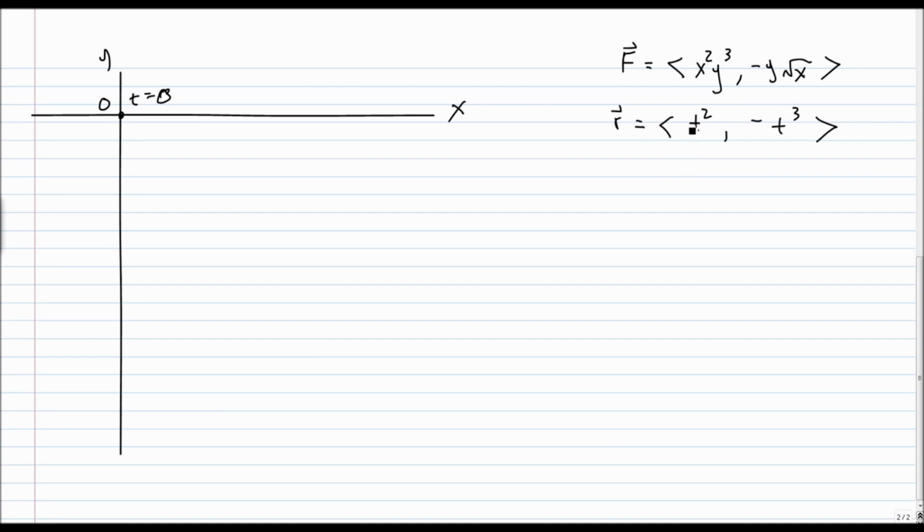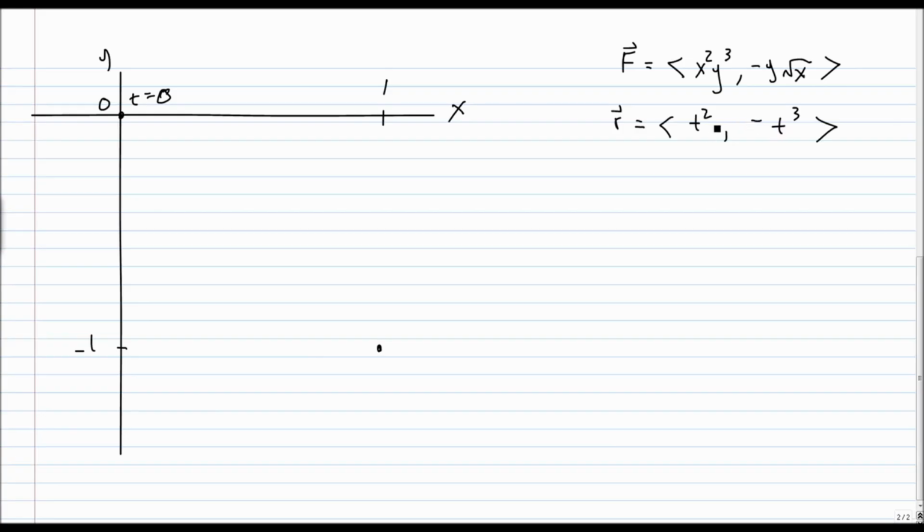Let's do the endpoints here. In this example, I'm going to do the line integral as t goes from 0 to 1. So the endpoints would be 0 when t equals 0 and when t equals 1. So let's plot when t equals 1. And you can see when t equals 1, you just have the point 1, negative 1. So somewhere here.